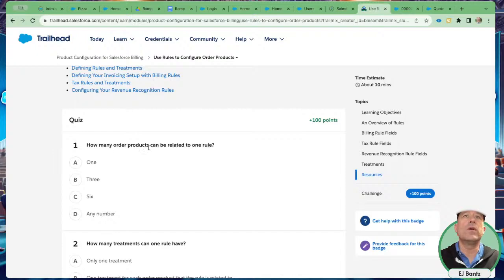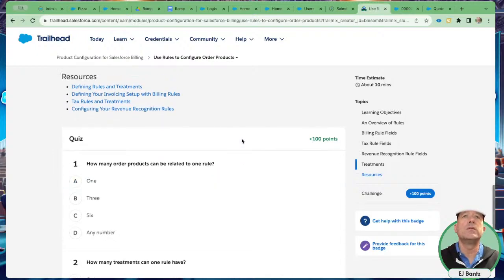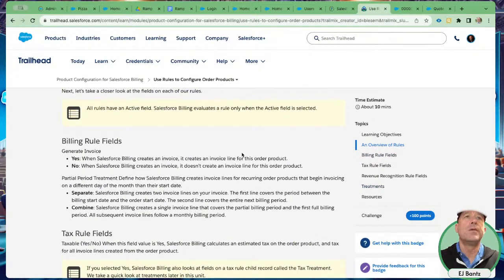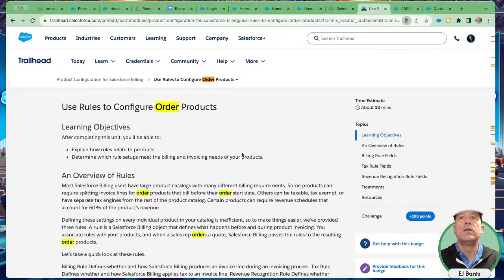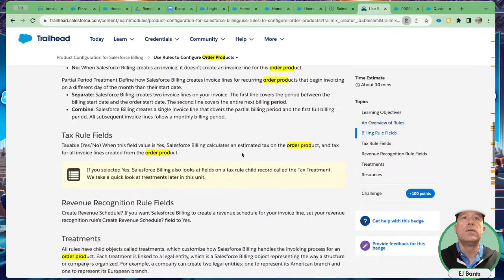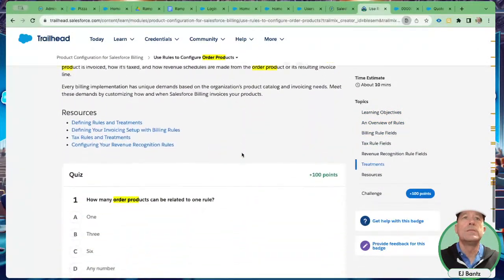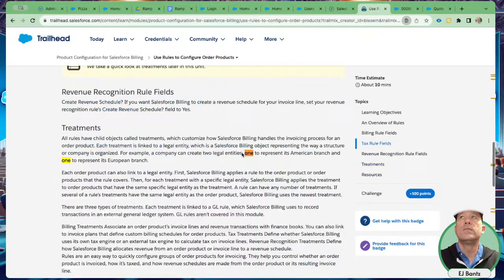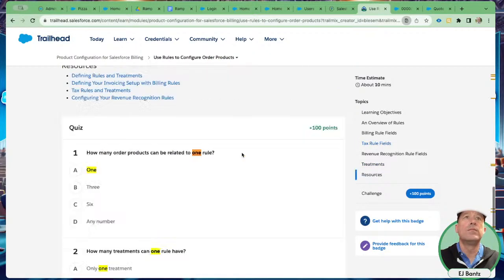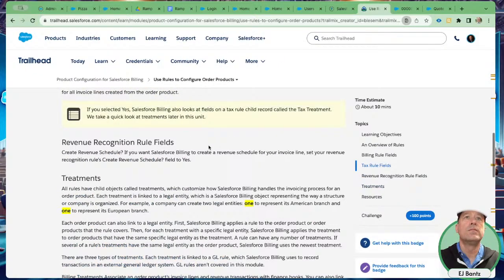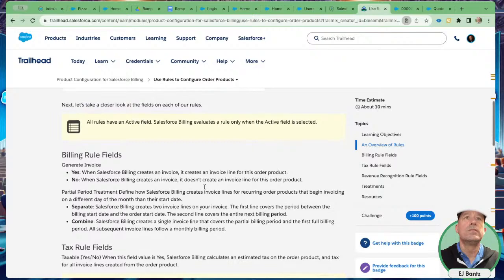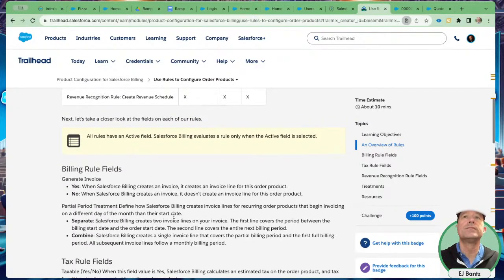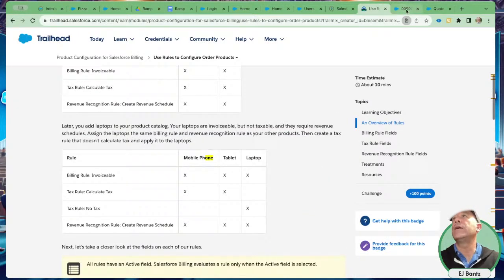How many order products can be related to a rule? I don't know, how do you even configure these rules?